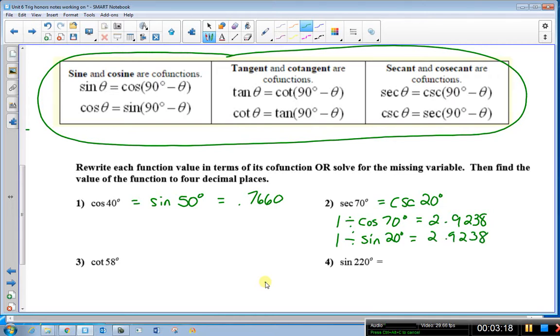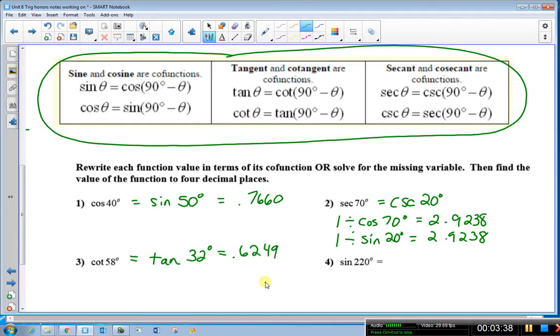Okay, good. So cotan of 58 is equal to tan of 32, and plug that in real quick, and it's 0.6249 if we round to 4 decimals.